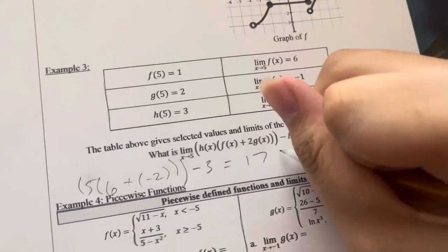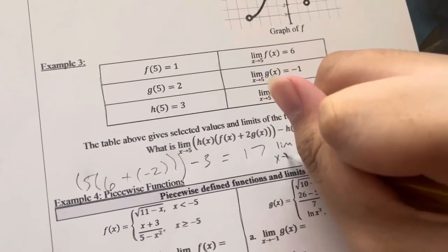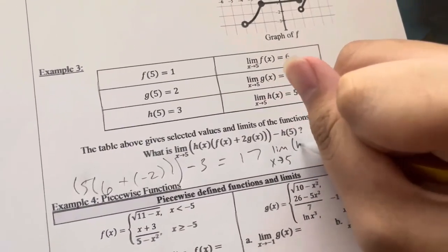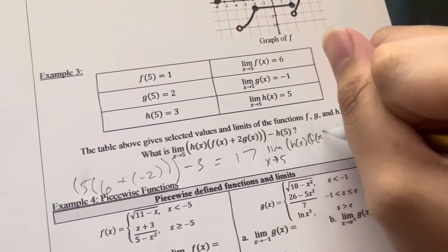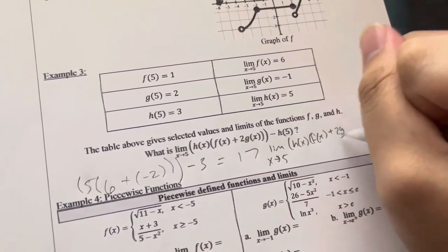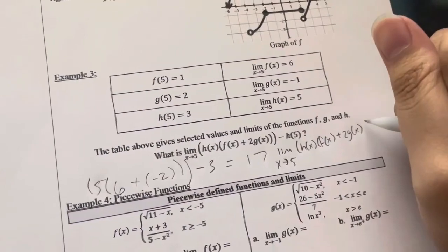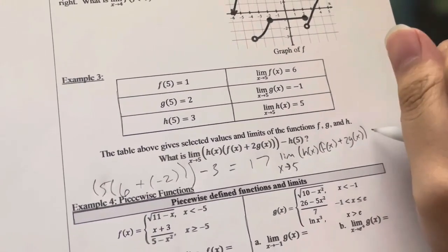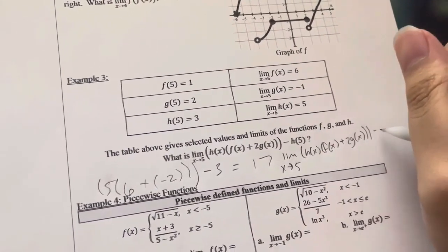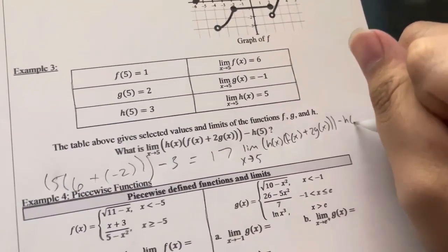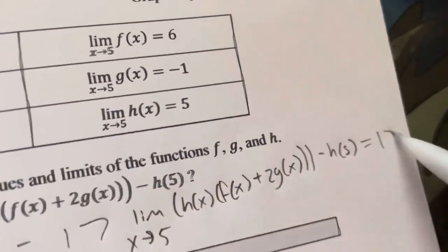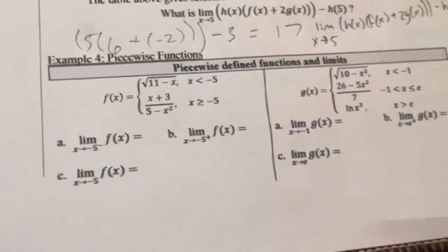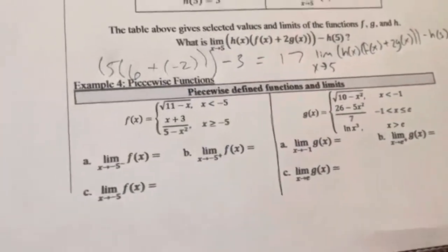So the limit as x approaches 5 of h of x multiplied by f of x plus 2g of x minus h of 5 equals 17.